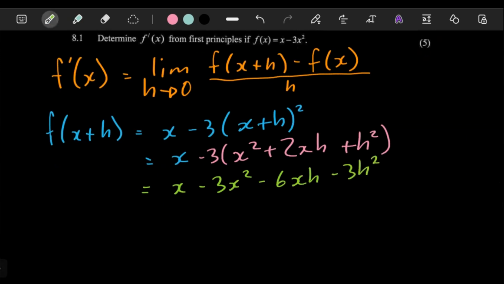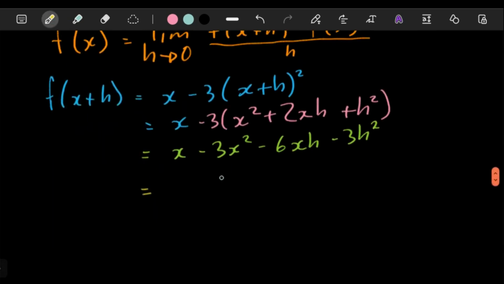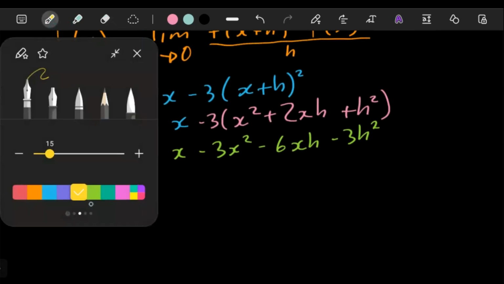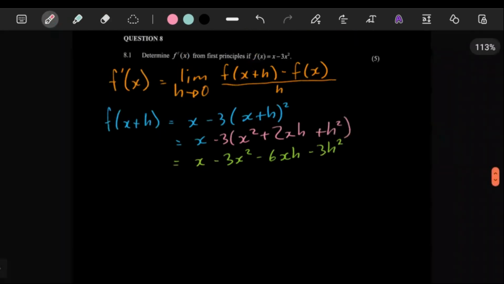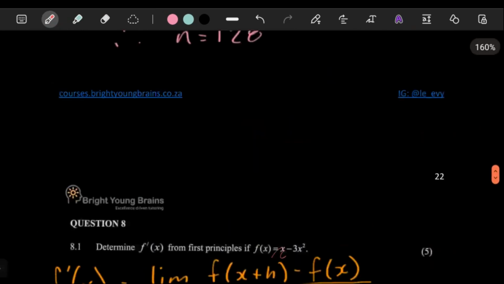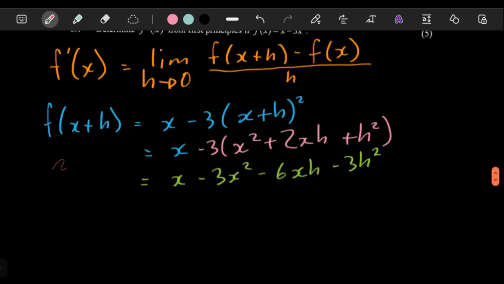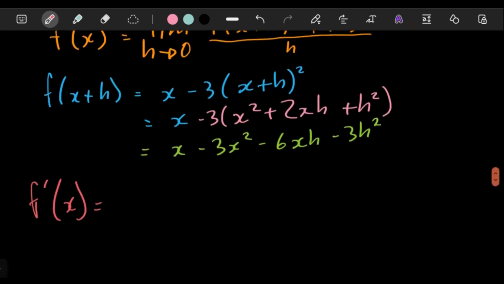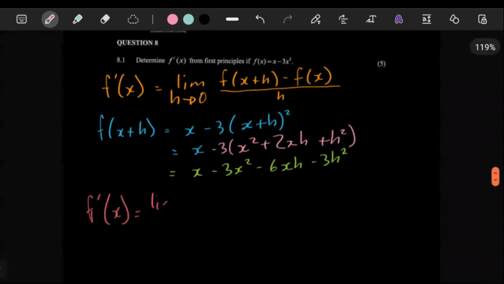With that being said, there's nothing much to do here. We can now take this entire thing into our original question, because where f of x plus h is, you have to put this whole thing. And then minus f of x means you put in minus x and then plus 3x squared. So the first derivative is going to be the limit as h goes to 0.